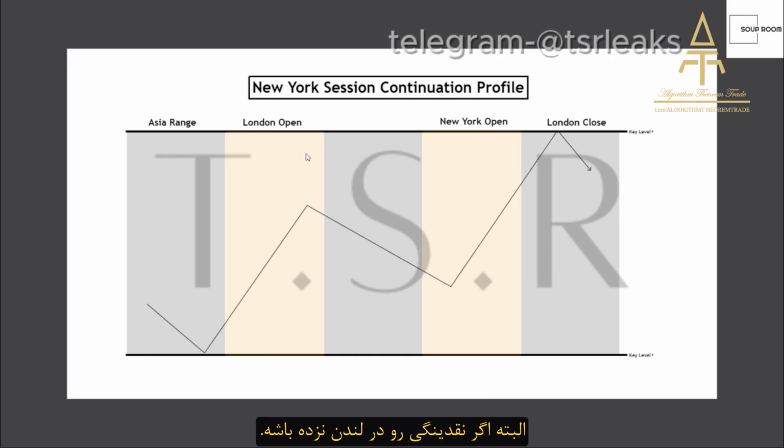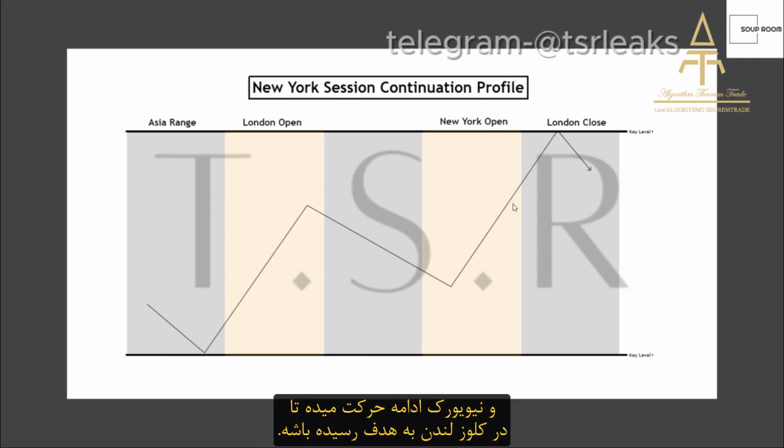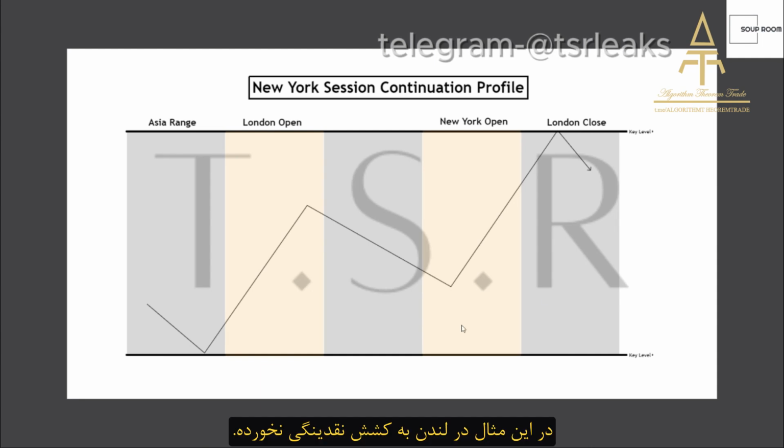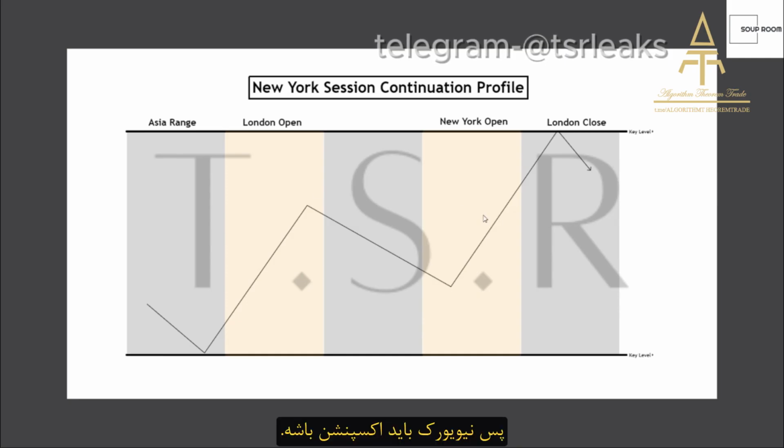However, if the draw on liquidity was not reached during the London session, then New York Open will be an expansion continuation up until the London close when the key level draw on liquidity is finally reached. Okay? In this example, specifically, London has not reached the draw on liquidity, so the New York Open will likely expand higher, as we can see right here.